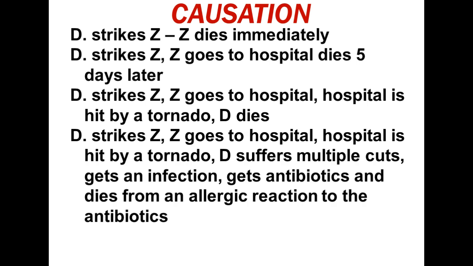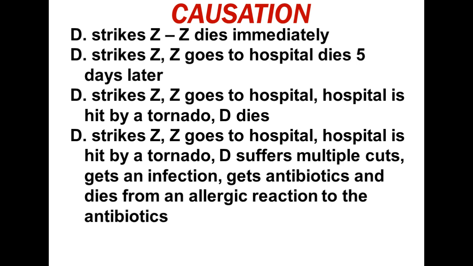Now, in my last example that we gave here with the tornado, the multiple cuts, the infection, the antibiotics, the allergic reaction, we're starting to get pretty far afield on the but-for test. But still, Z wouldn't have gone to the hospital, wouldn't have been there when the tornado struck, wouldn't have suffered the multiple cuts, wouldn't have gotten the infection, wouldn't have gotten the antibiotics, and would not have had the allergic reaction.